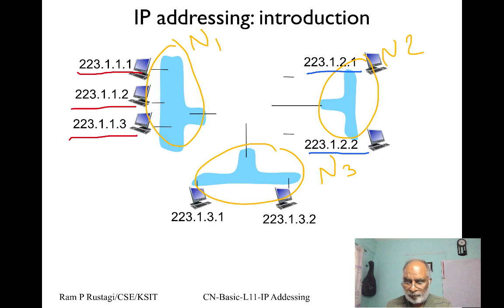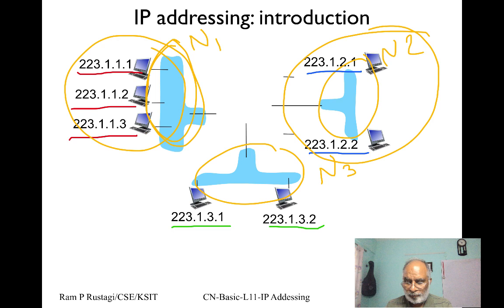Network 3 has machines 223.1.3.1 and 223.1.3.2. Since these are three different networks, network 1 consists of all these laptops, network 2 consists of all these machines, and network 3 consists of all these machines. If they need to talk to each other, we need a router in between.